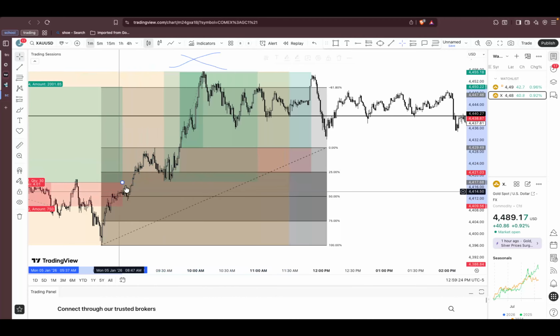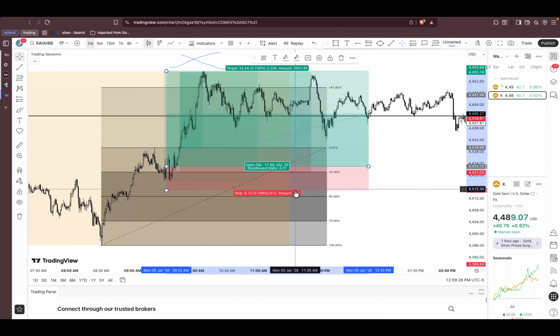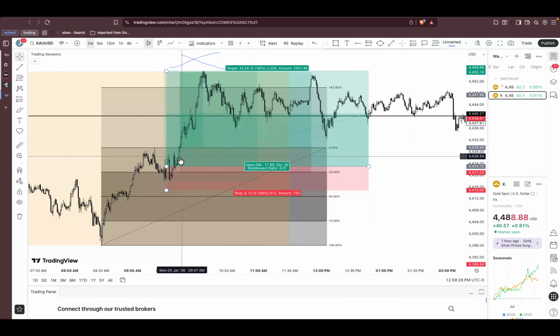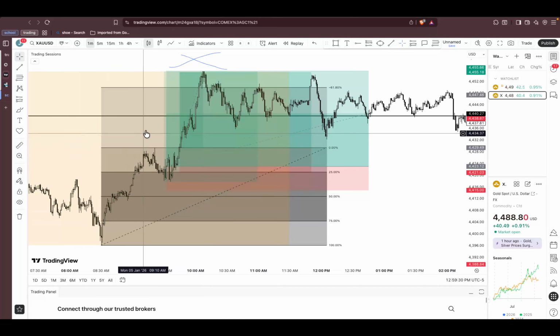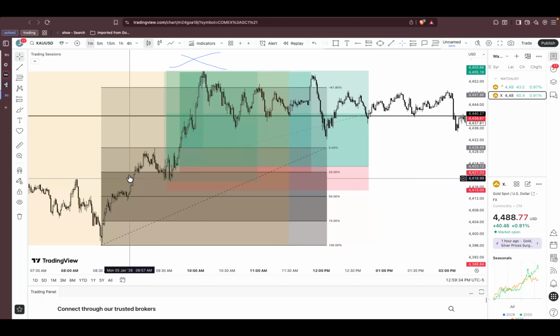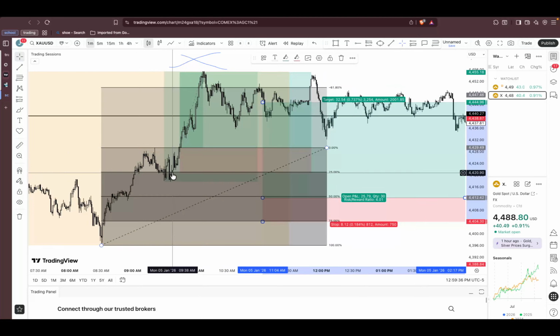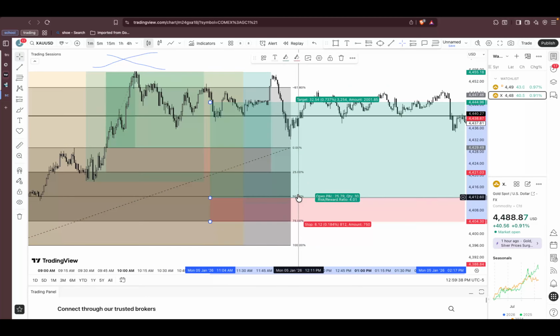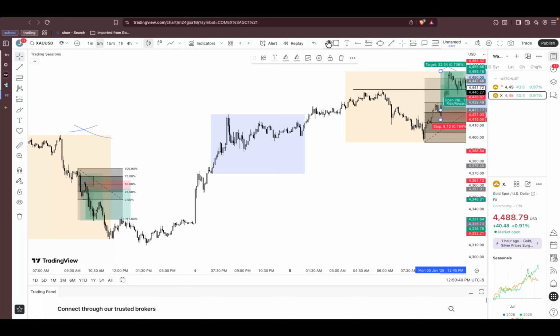I don't know why there's two trades there. Okay, so I had two scenarios. But you see price tap into the 25% immediately off of New York Open. Price pushes strongly up. You enter off of that.